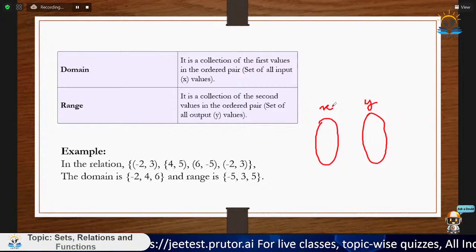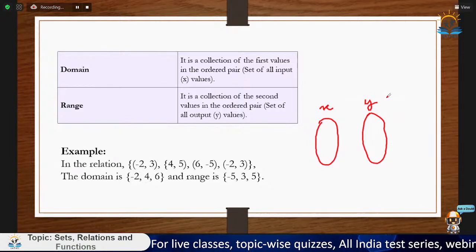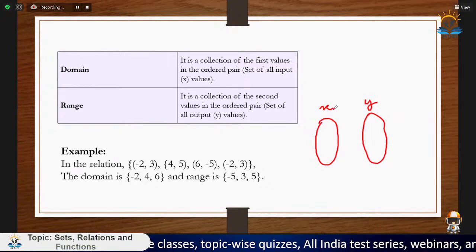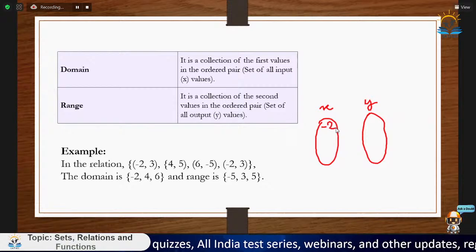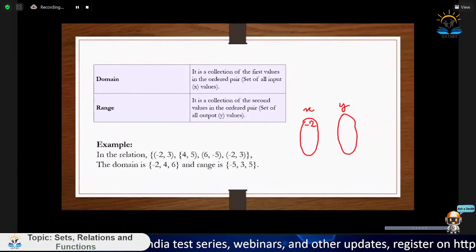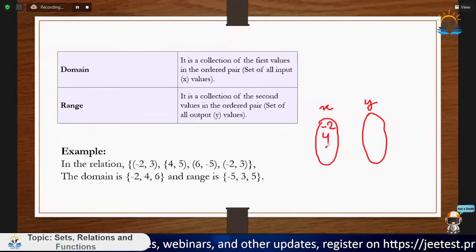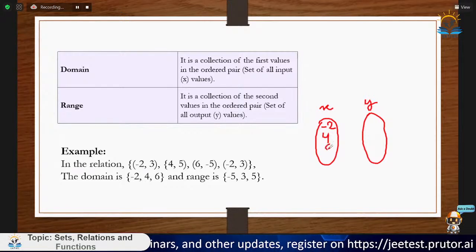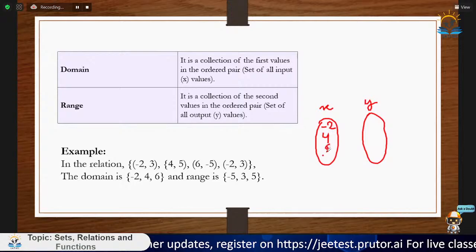X is all those values which will come inside the domain of a function. And what is y? Y will constitute all those values which will come inside the range of a function basically. So basically what is x here? Here x is -2, 4, then you have 6, and then you have -2 again. So since we have written -2, we don't have to write it again and again.